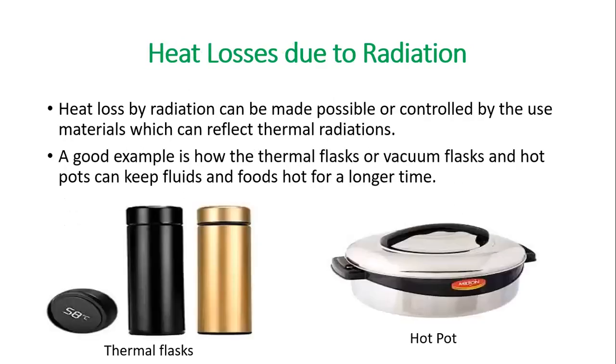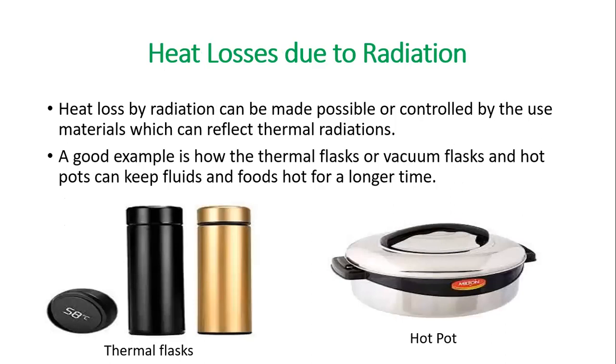Let's see the heat losses due to radiation. Heat losses by radiation can be controlled by the use of materials which can reflect the thermal radiation. A good example is how the thermal flask or vacuum flask and the hot pots can keep fluids and foods hot for a longer time.